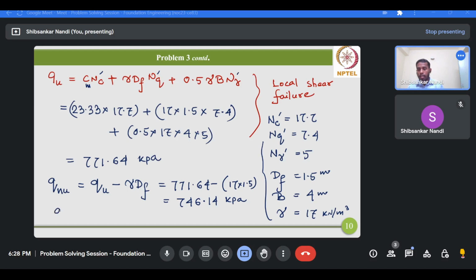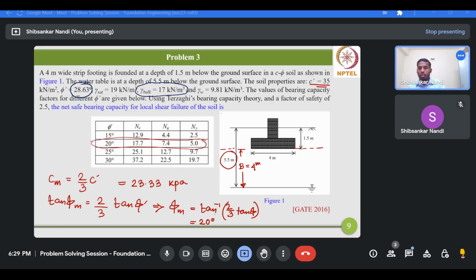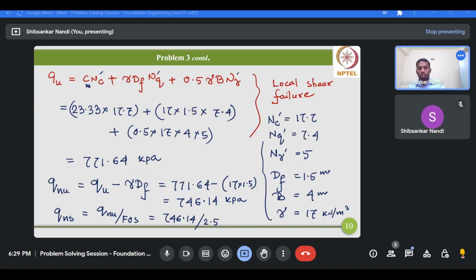And finally, the net safe bearing capacity is qnu divided by the factor of safety: 746.14 divided by 2.5, which would be 298.46 kPa, and this is the final answer.